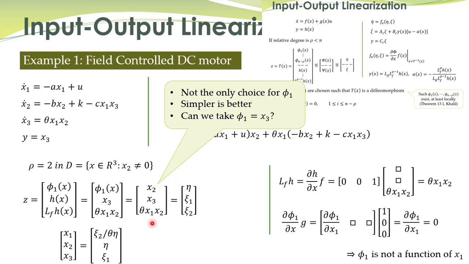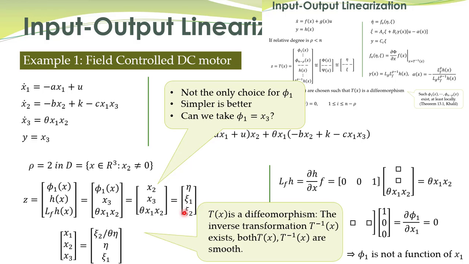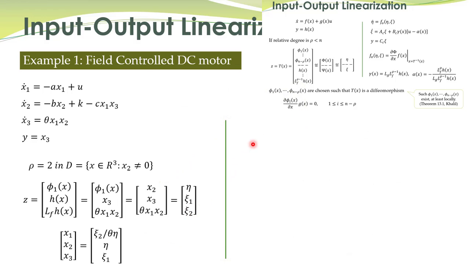So once we have this state transformation, the rest of the task is very easy. We can simply take eta dot equal to x2 dot, and x2 dot is given by this expression. After substitution of x2, x1 and x3 by these newly defined variables, we have some other function of eta and xi, written over here, this first equation.